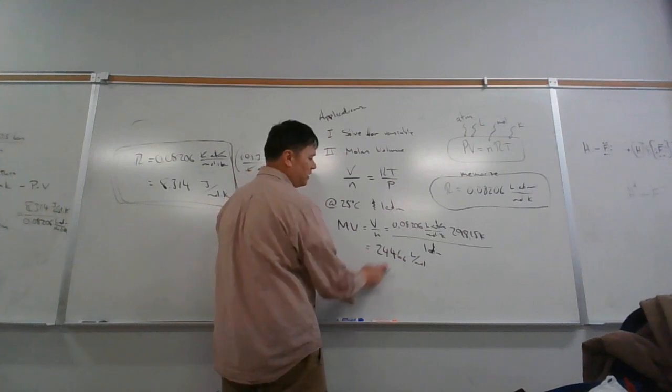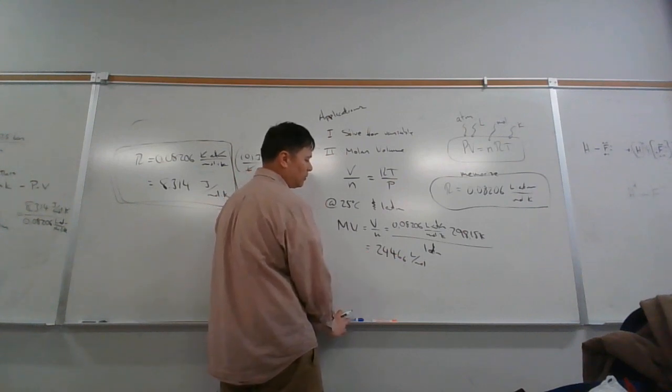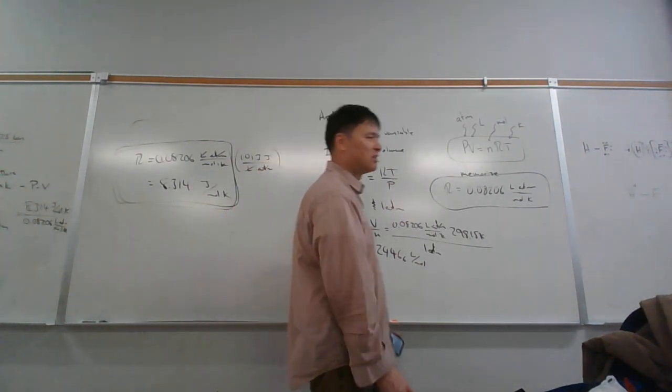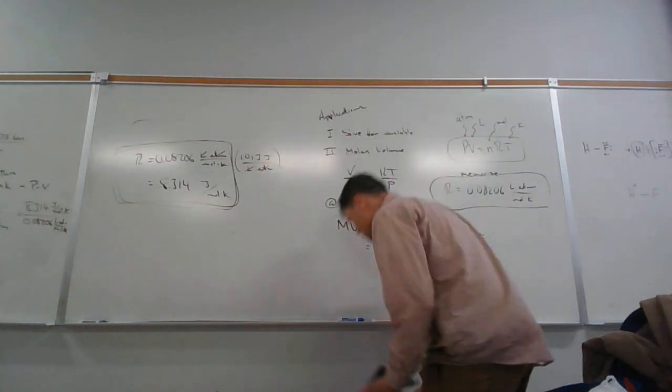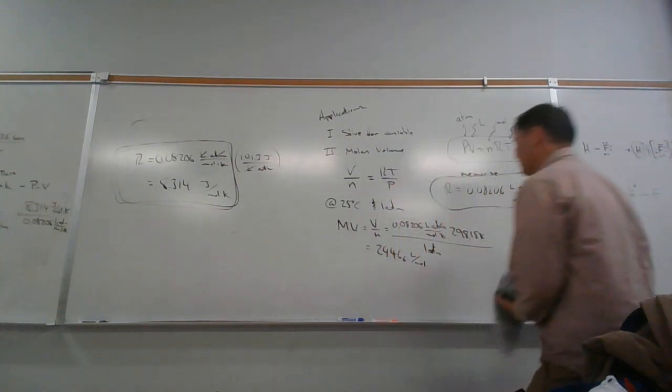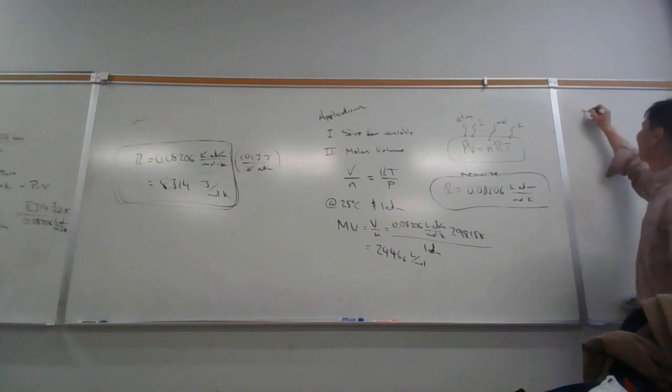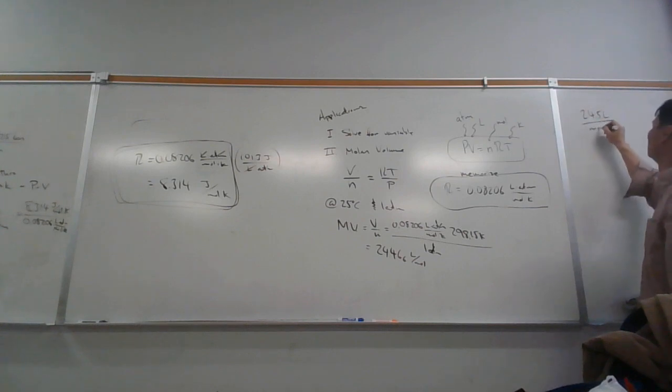To 4 sig figs, what would it be? 24.47. I usually don't memorize it to 4 sig figs; I usually memorize it to 3 sig figs, because it's an easier number to remember. So I have this memorized as 24.5 liters per mole. This is for any gas.